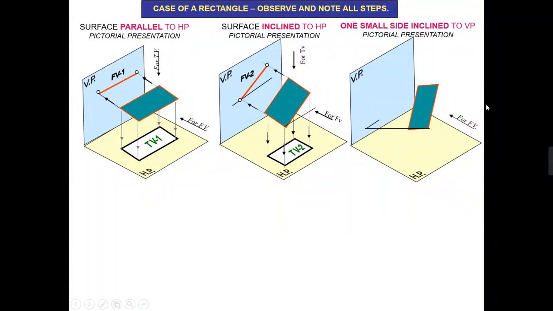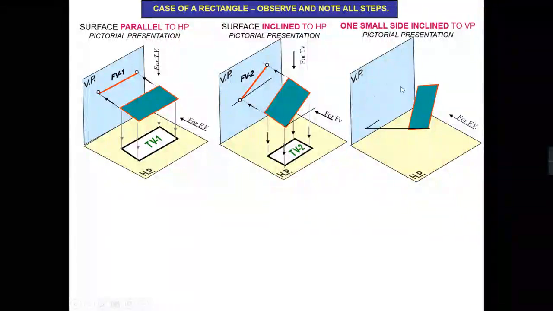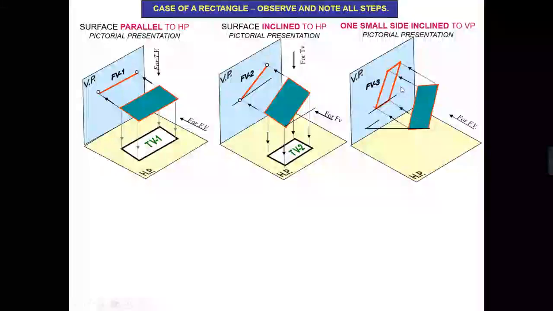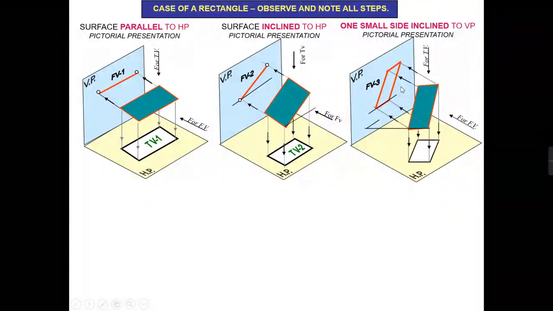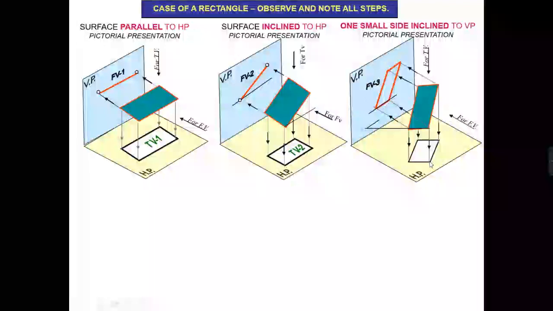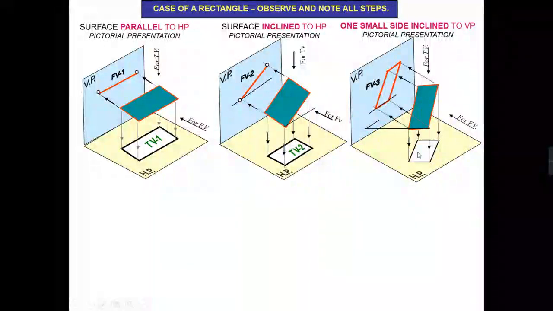Then again, if it is inclined to both planes, in both views we will get a rectangle or parallelogram. If you compare these two diagrams, this rectangle and this rectangle have the same dimensions. The only thing is this rectangle is now inclined to the vertical plane.